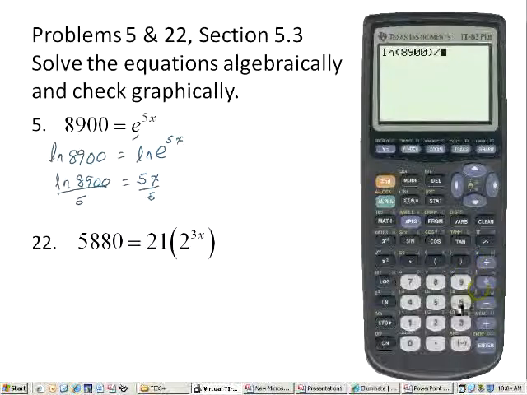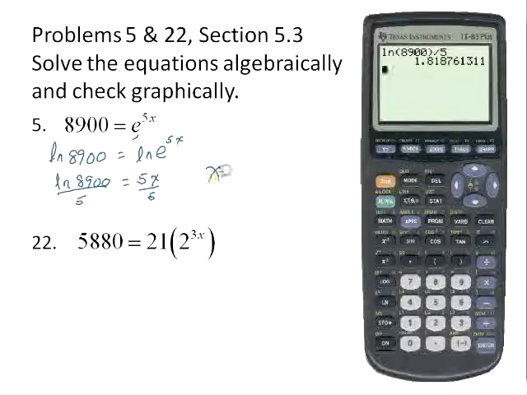Make sure you close your parenthesis, and then this is divided by 5, and the answer we get is about 1.818. Actually, we need to round that up, so the final answer is x equals 1.819, and the textbook asks us to round this off to 3 decimal places.